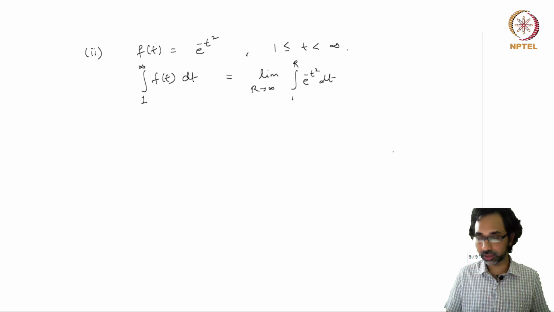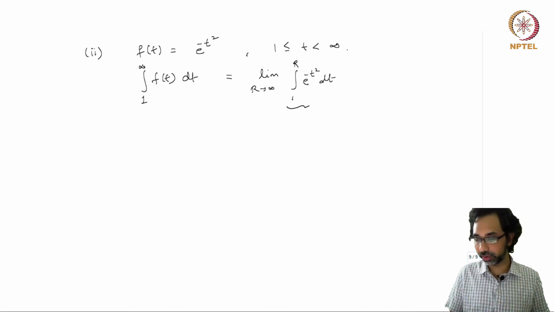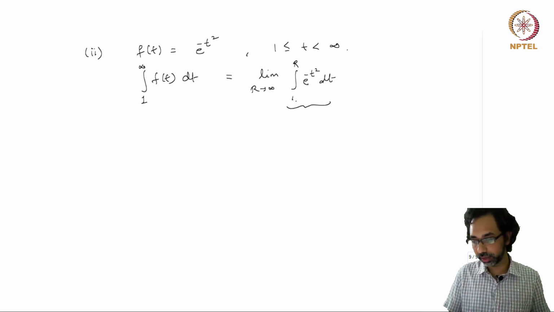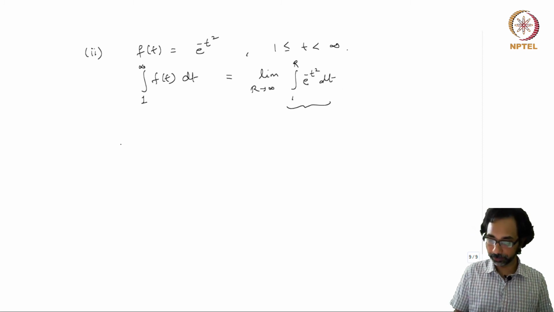Now note that in the first example, e to the power minus t, we can evaluate this integral explicitly, and we can answer the question using the first theorem. But here we don't know how to evaluate it explicitly, so we will use the second theorem here.